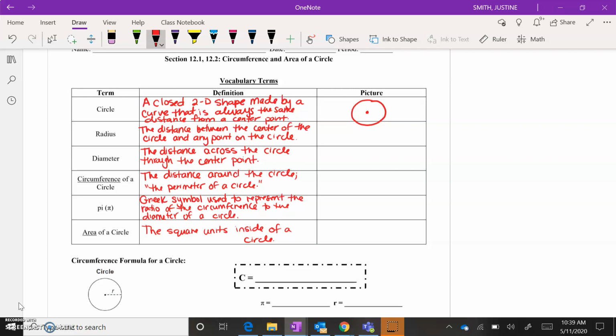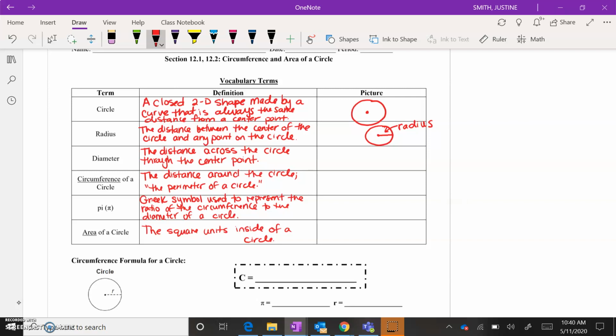Okay, so the radius of a circle is just the distance between the center of the circle and any point on the circle. So if I have my circle here and I draw a line from the center over to the outside here, this is my radius. It's going through that center point to any outside point on the circle.